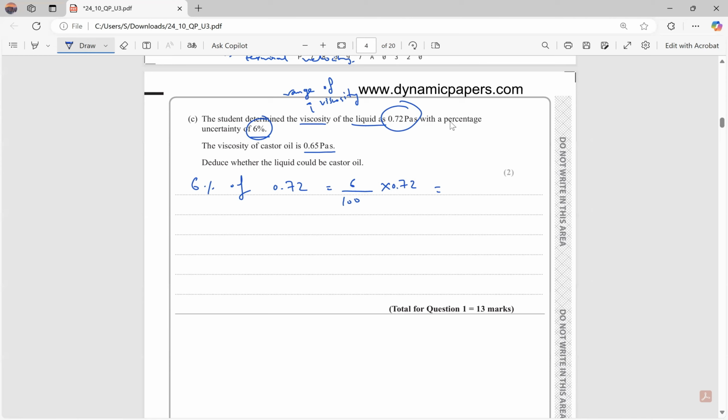That gives us 0.0432. So this means the viscosity of the liquid would be in the range of 0.72 minus 0.043 to 0.72 plus 0.043.